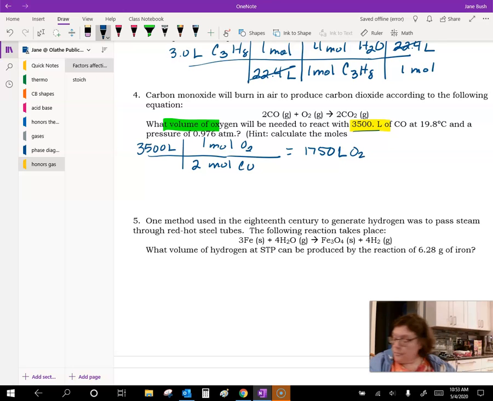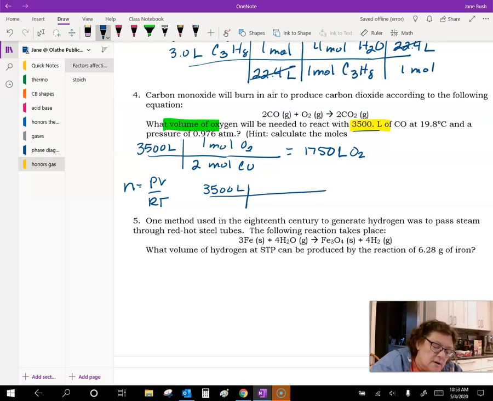All right, now let's try it using all the other information that's in there, because it says, hint, calculate the moles. So let's use PV equals nRT to find moles of carbon monoxide. PV equals nRT. If we want to know moles, it's PV over RT. So we'll take 3,500 liters, that's our volume, times our pressure, 0.976 atmospheres.